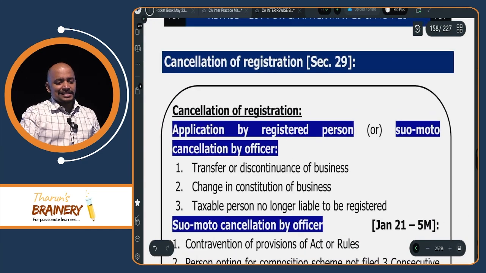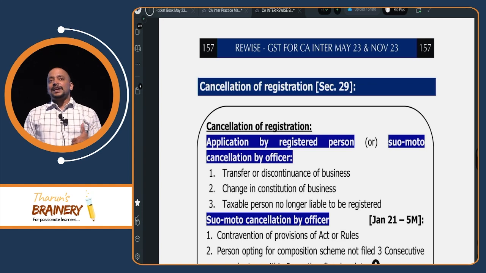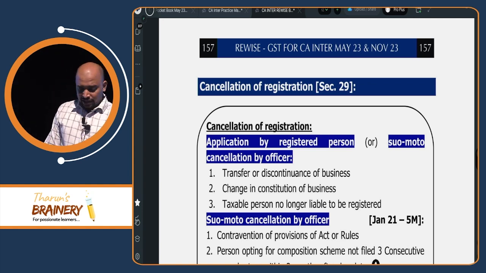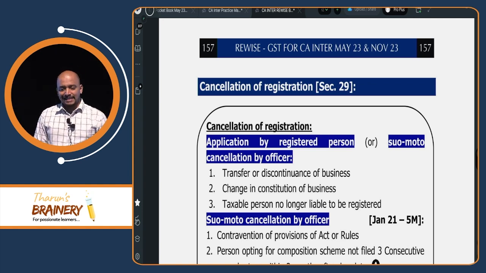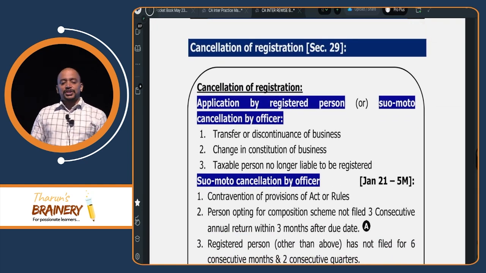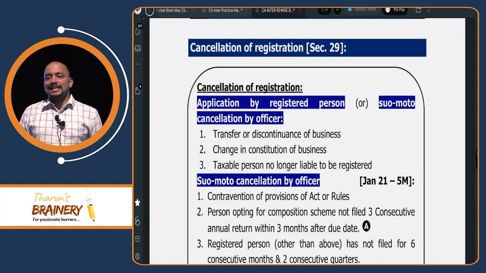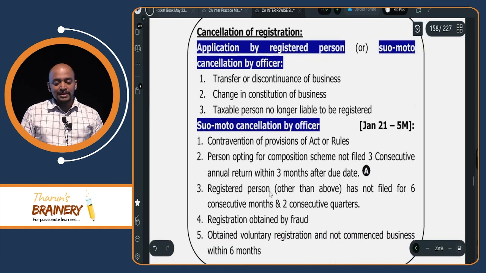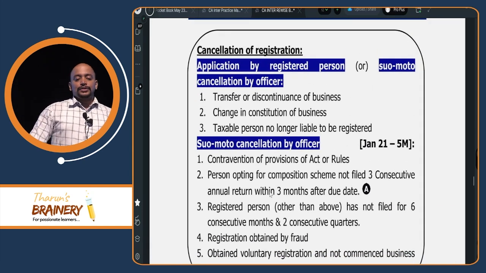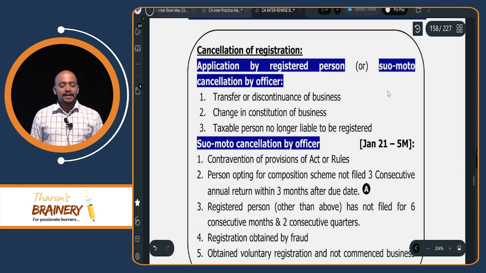Then look into the next area, cancellation of registration. So we completed 28, amendment in registration. Now we are moving on to 29, cancellation of registration. When there will be cancellation of registration, total 8 situations there are, and we have some amendments in this place. First, 3 cases where either application can be made by the registered person or the proper officer can initiate cancellation.